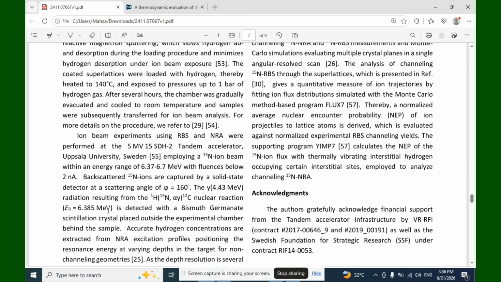Ion beam experiments using RBS and NRA were performed at the 2 MeV tandem accelerator, Uppsala University, Sweden, employing an ion beam in an energy range between 6.37 and 6.7 megaelectron volts with currents below 2 nanoamperes. Backscattered ions are captured by a solid-state detector at a scattering angle of 160 degrees.